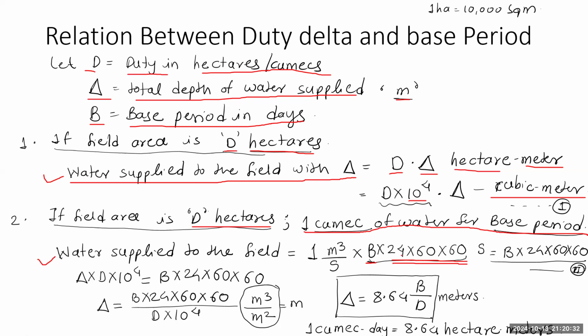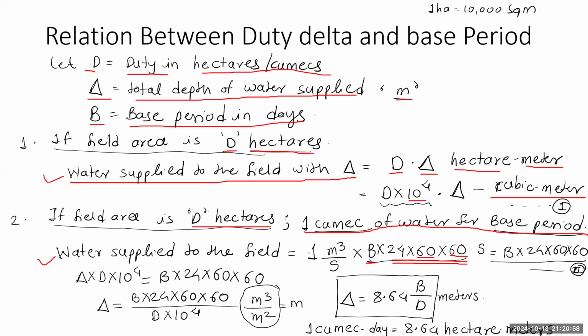Number of days into 24 gives hours, into 60 gives minutes, into 60 gives seconds. So ultimately we get the water supplied to the field in cubic meters. And what is that value? It is B into 24 into 60 into 60.